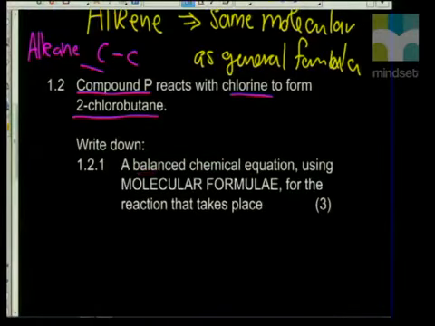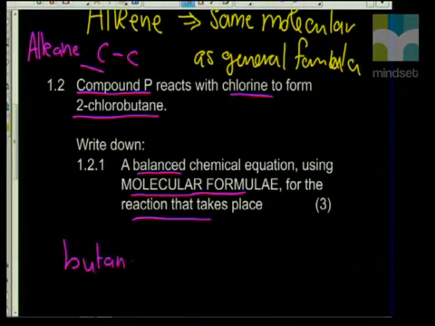Now, what they ask us, first of all, is to write a balanced chemical equation using molecular formulae for the reaction that takes place. Now, notice what it says. We've got compound P, which we now need to identify. It forms 2-chlorobutane. So we know it was a hydrocarbon, so that must have been an alkane, so it was butane.